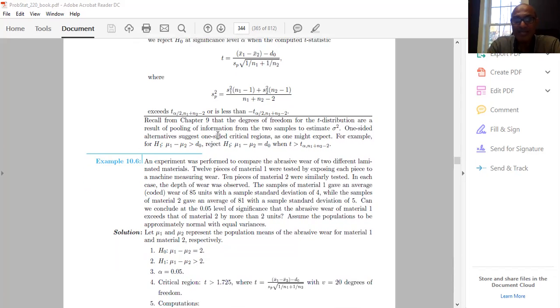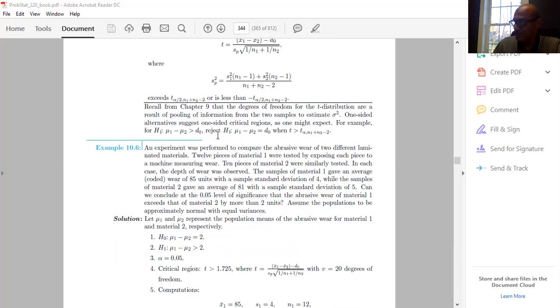Let me take this example, and I think the idea will be more clear. So let me go through this 1-2 examples, and then after, again, we'll try to solve some exercise problems.